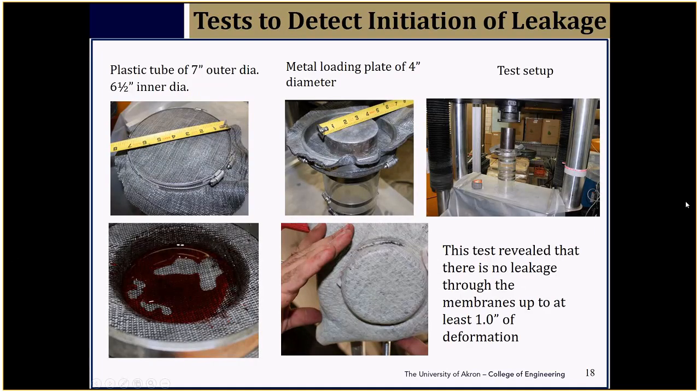The other test was we wanted to figure out at what differential deflection the actual water can pass through the membrane. So when does the leakage start? For that we did a lot of trials, and finally we came up with this arrangement where we tie the membrane to a plastic tube, and then we apply load over this 4-inch diameter steel plate.